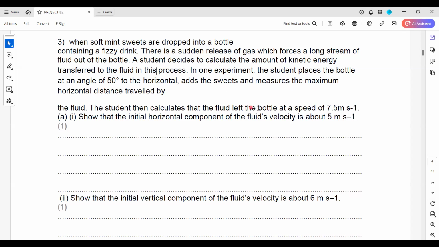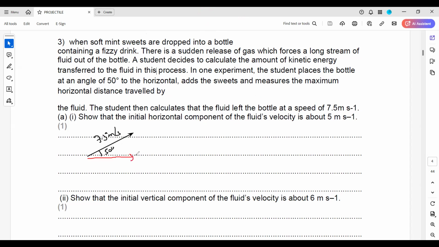The student then calculated that the fluid left the bottle at a speed of 7.5 meters per second. Show that the initial horizontal component of the velocity is about 5. So the fluid left at an angle of 50 degrees, with a speed of 7.5 meters per second.